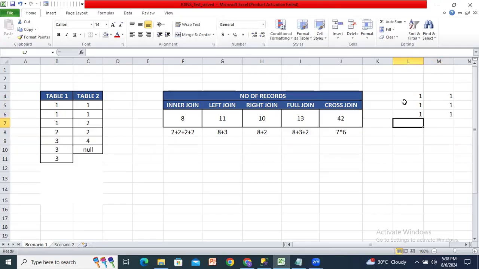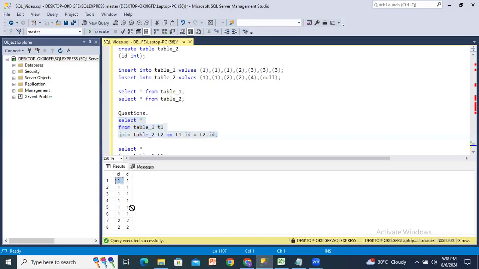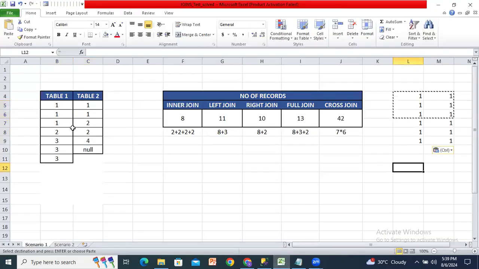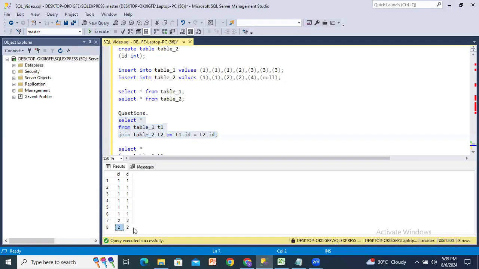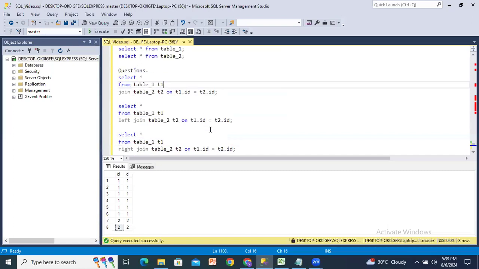Table 1 has 3 ones and table 2 has 2 ones, so 6 rows will be created here. Similarly for 2: table 1 has one 2 and table 2 has 2 twos, so 2 rows will be created. So this is the inner join.